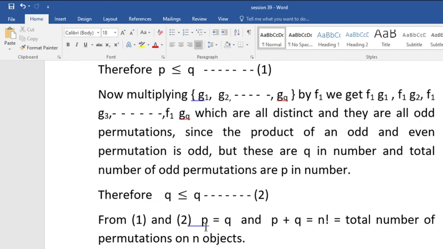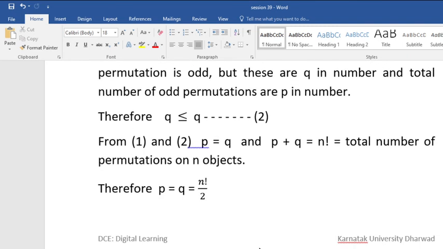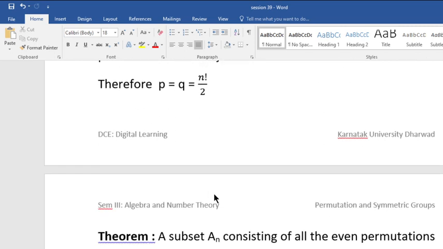So from 1 and 2, we have p equal to q, and p plus q is equal to n factorial, the total number of permutations on the objects. Thus the total number of even permutations is equal to the total number of odd permutations, each being n factorial divided by 2.